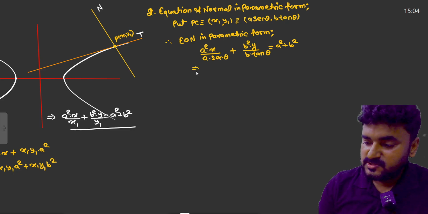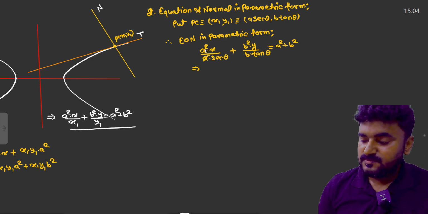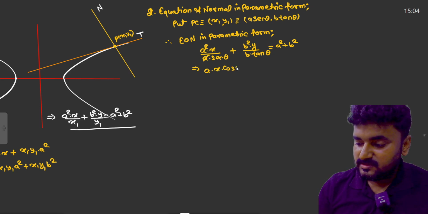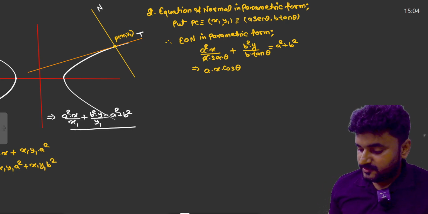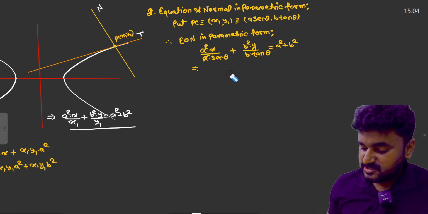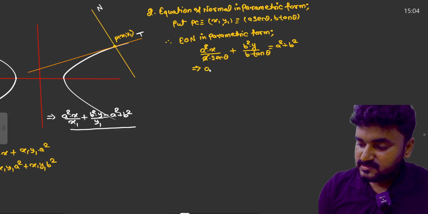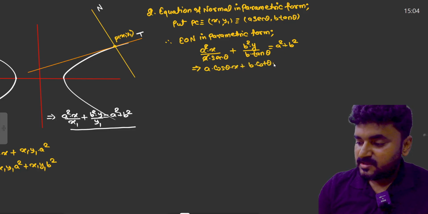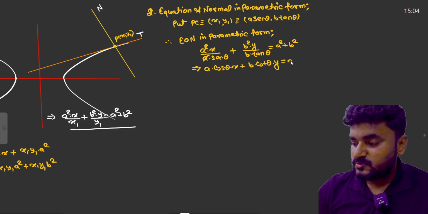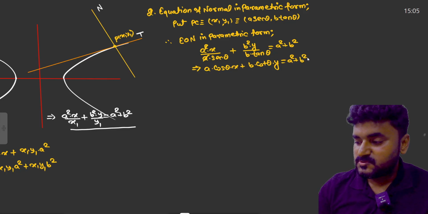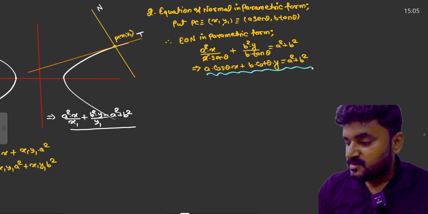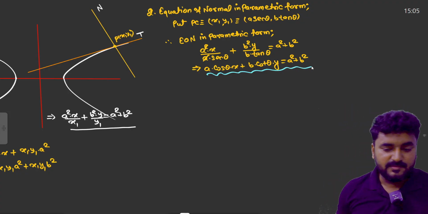Now this is looking like this, a will be cancelled. So this is coming a into x into cos theta, or we can write a cos theta into x plus b cot theta into y equals a square plus b square. This is your required equation of normal in parametric form.